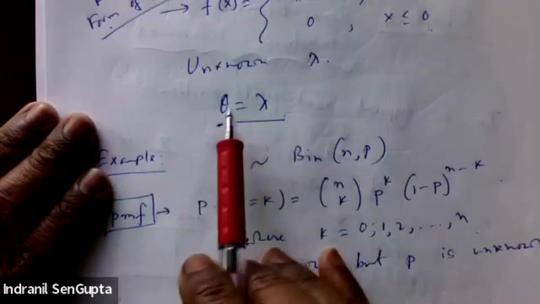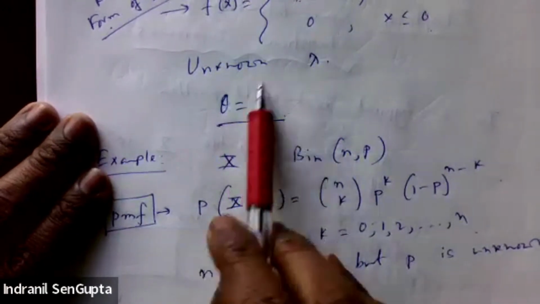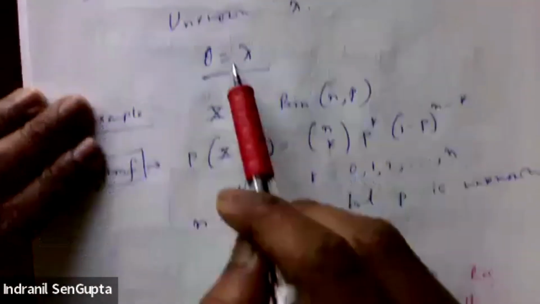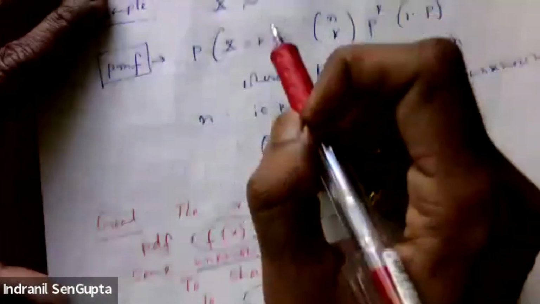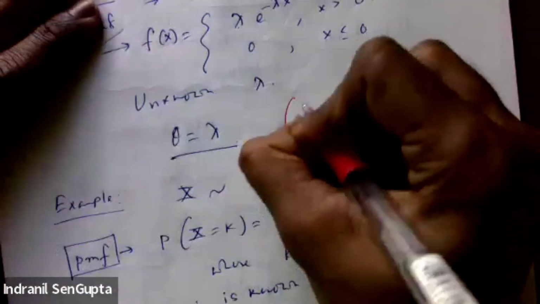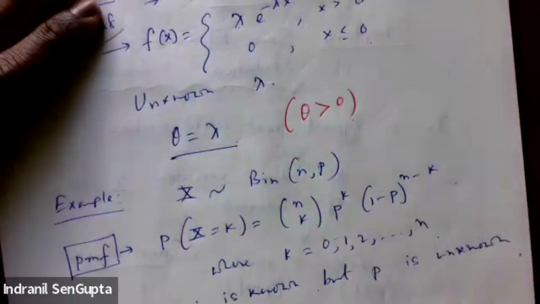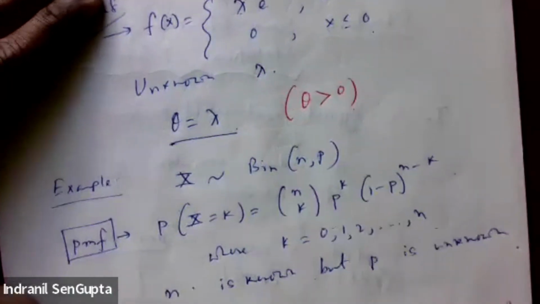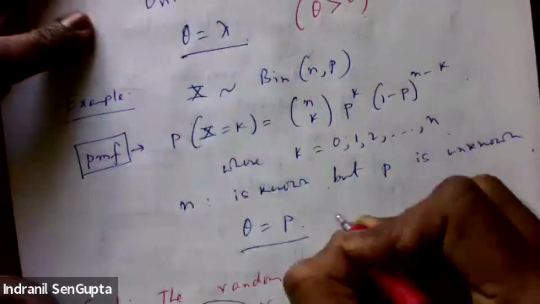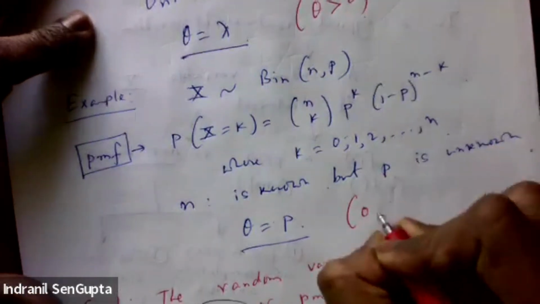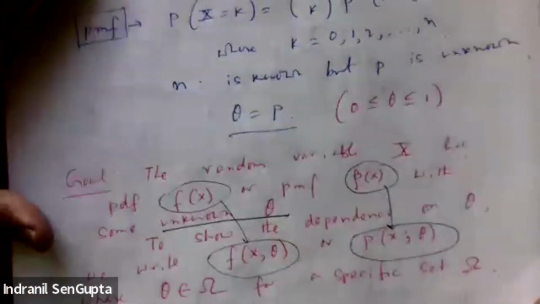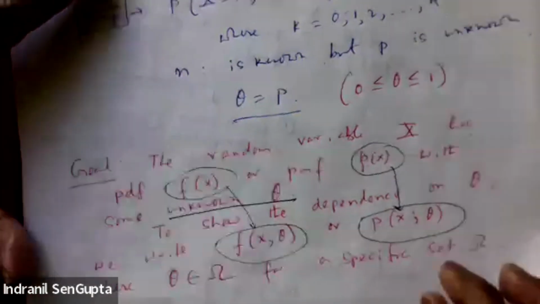Here this theta, which is lambda, we know is always bigger than 0, so theta is bigger than 0. In the case of the first example, this is this one, and in the case of the second example, this is this one.